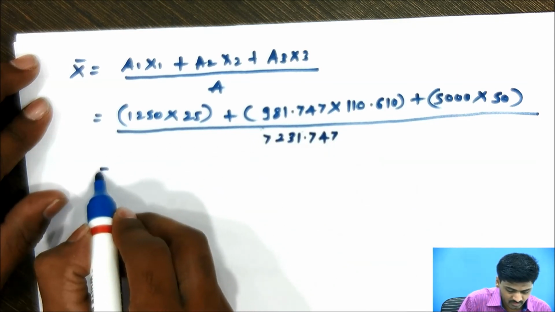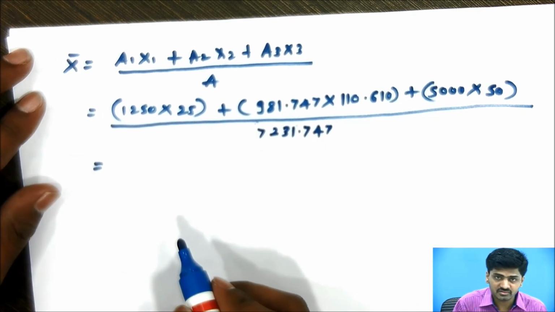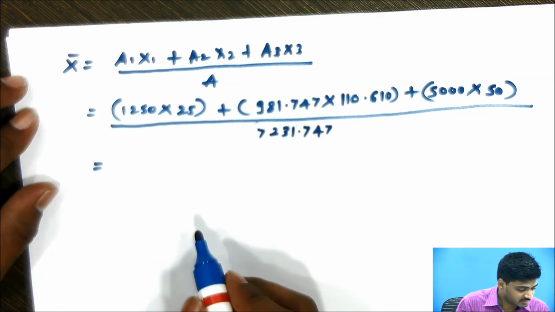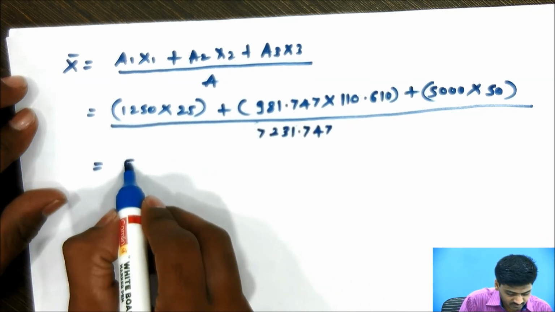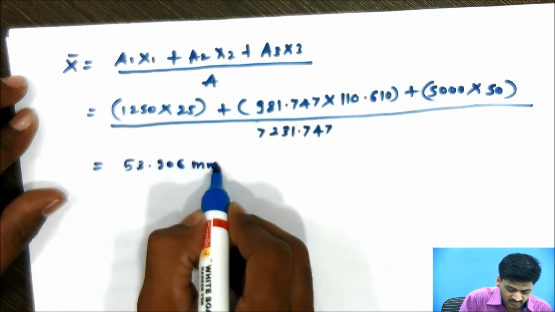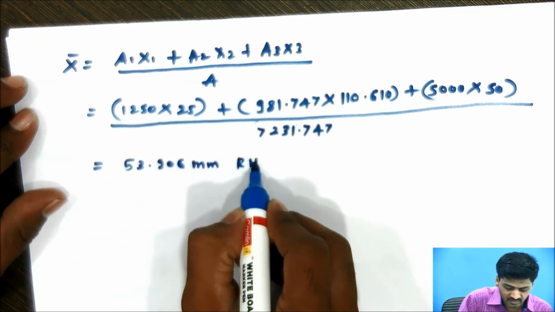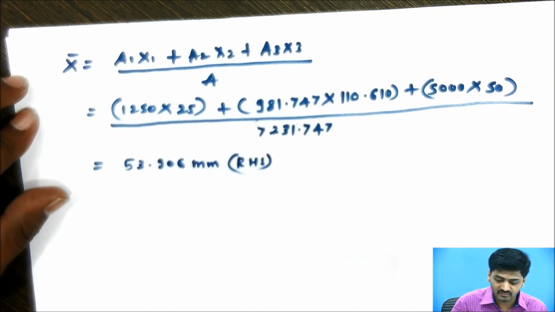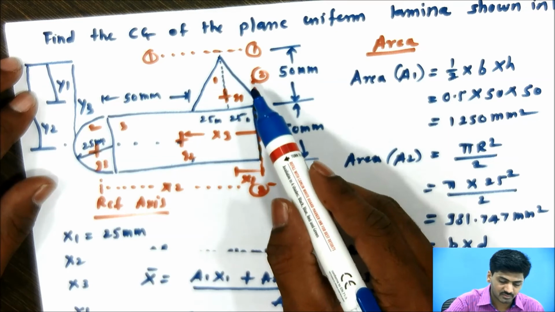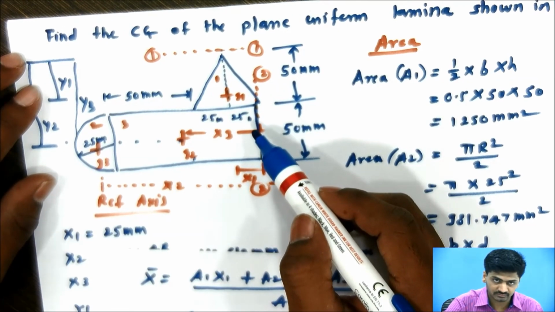Please do the calculation and try to identify the value of x bar. You will get x bar as 53.906 mm. This is measured from the right-hand side, that is the reference axis we have considered, reference axis 2-2.